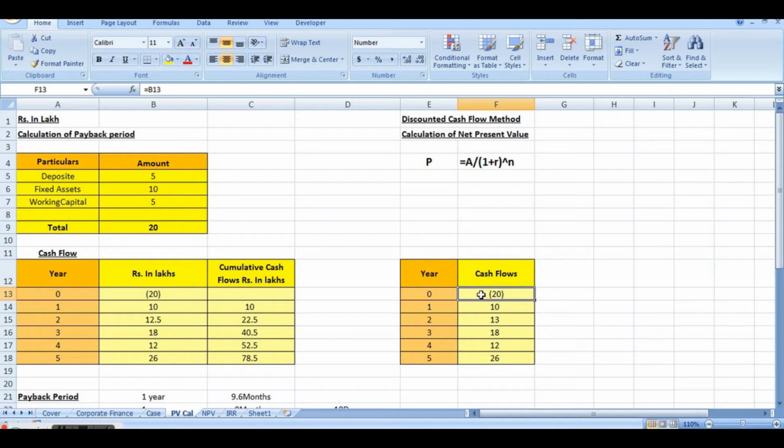Certainly not. So to make these two values comparable, we need to convert either the outflow into a future value, that is, what will be the value of rupees 20 lakhs in future, or the value today of these future inflows that we are going to generate.